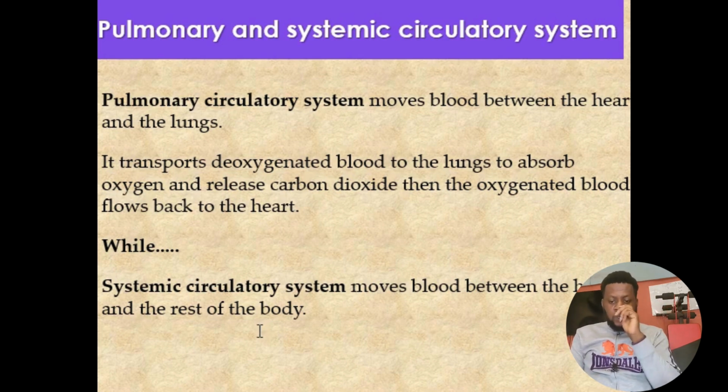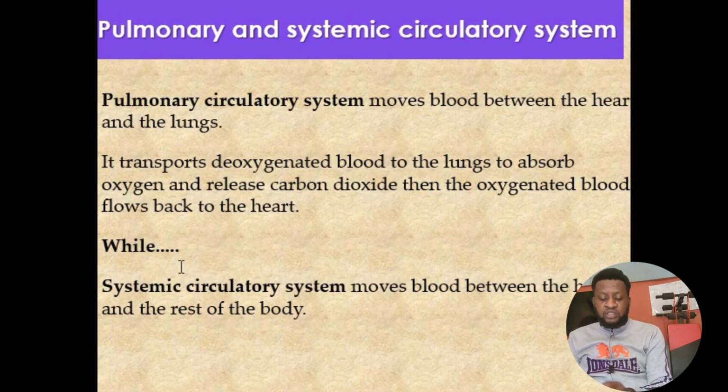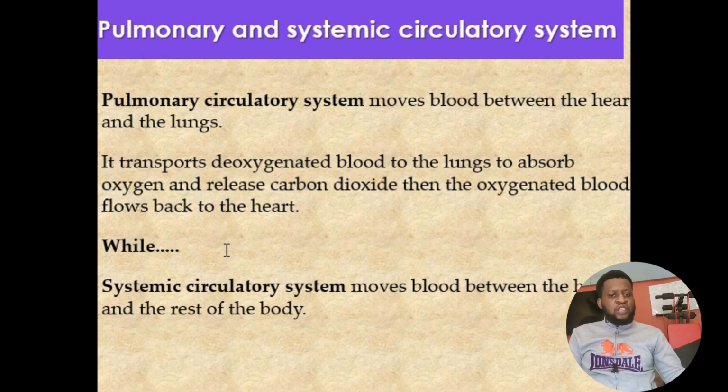Another thing you also need to take note of is the type of blood. Like I said before, we have oxygenated and deoxygenated blood. So in transport, deoxygenated blood is transported to the lungs. What is coming from the body is blood carrying carbon dioxide, because carbon dioxide at this point is a waste product.